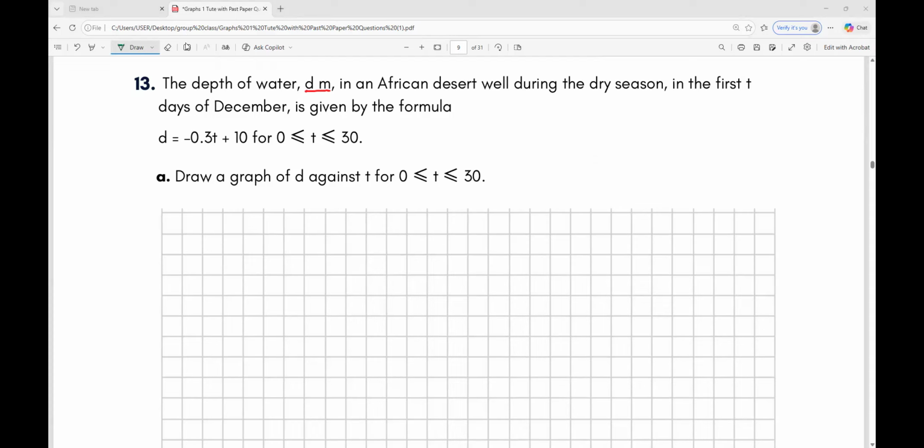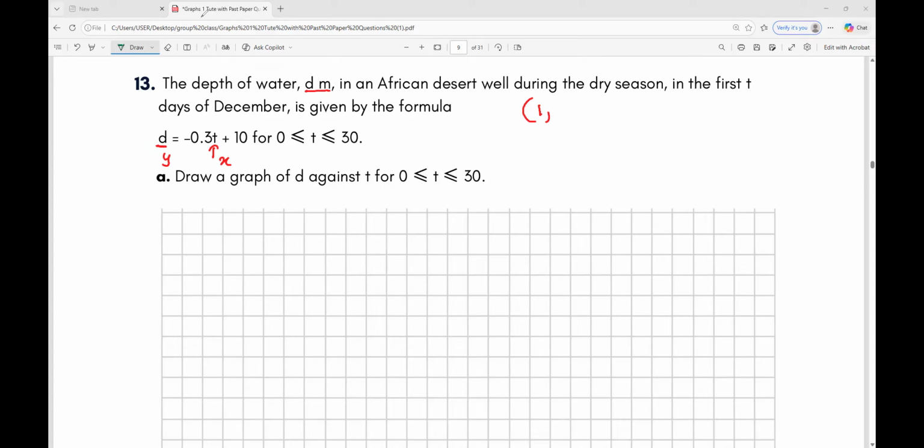They only check this depth in the month of December. Day by day, they are checking the depth. So the coordinates come like this. Here d is like y, t is like the x coordinate. t means the days. The first day, what is the depth?